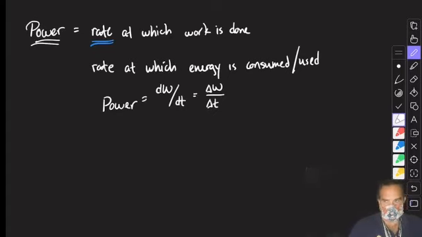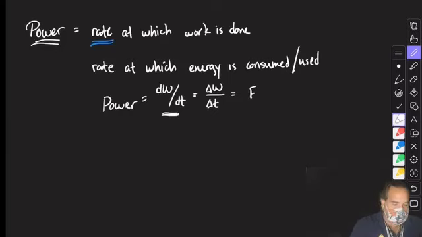But if you have a function for work, take the derivative with respect to time, and you'll get the definition of power. Now, be careful. We're hardly ever going to use this, because our definitions for work tend to be position specific, not time specific. But I just have one more thing.